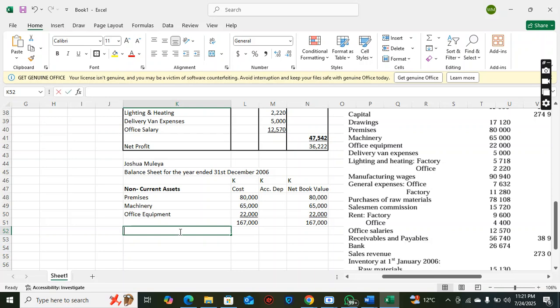Any other question? Okay. What is a current asset? What has happened within less than 1 year?